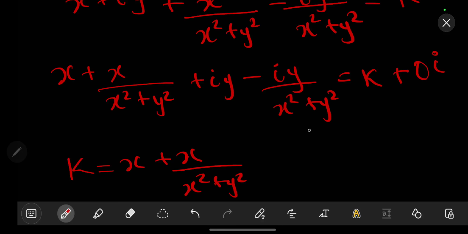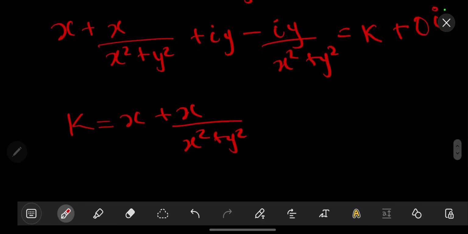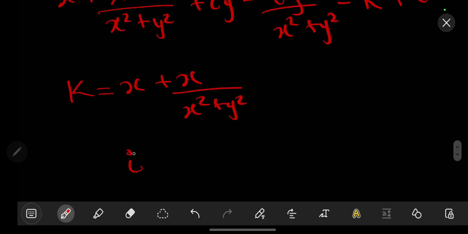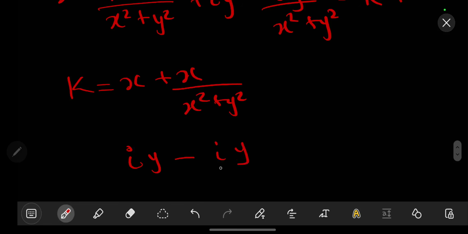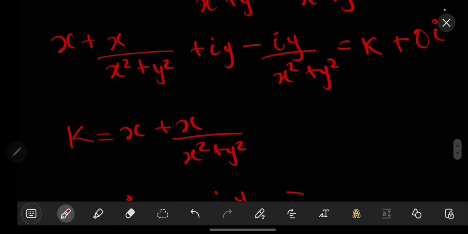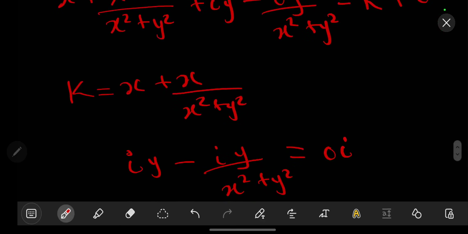So this also is equal to the imaginary part, just as we did under complex numbers. We have our iy minus our iy over our x squared plus our y squared, let this be equal to 0i.